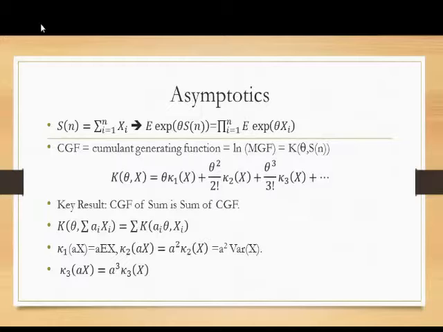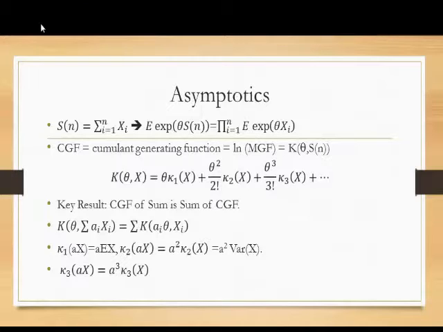The CGF is called the cumulant generating function, and it's just the log of the MGF. But the point of taking the log is that when you take the log of the product, it becomes the sum of the logs of the MGFs.